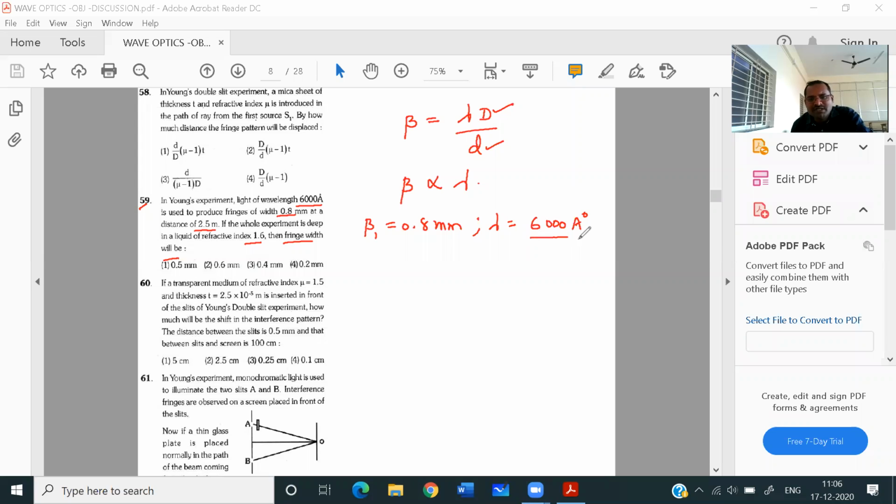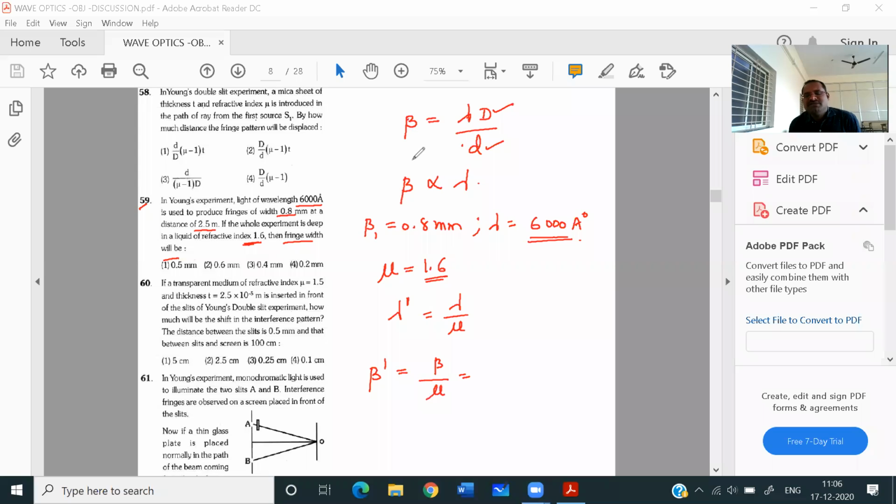Now they are not changing lambda directly. They are changing the refractive index. When they change the refractive index to 1.6, then your new lambda becomes lambda by mu. So your fringe width will decrease to beta by mu. Directly I am saying, because lambda becomes lambda by mu.